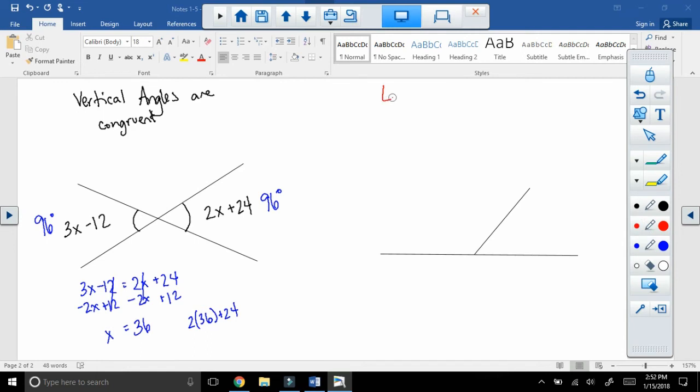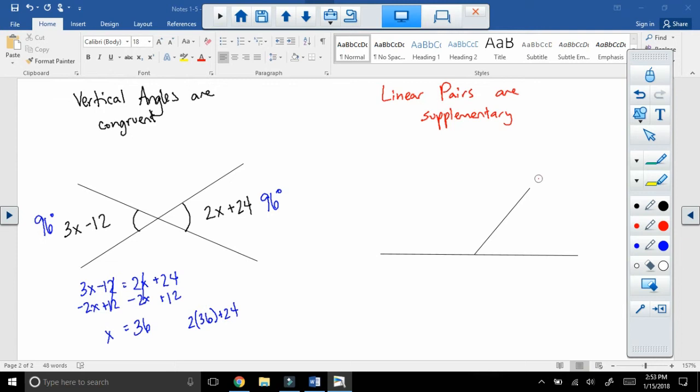If you have a linear pair, however, these do not always have to be congruent, as you can see here. They could be, but they don't have to be. Linear pairs are always going to be supplementary, meaning that they're always going to add up to be 180 degrees.